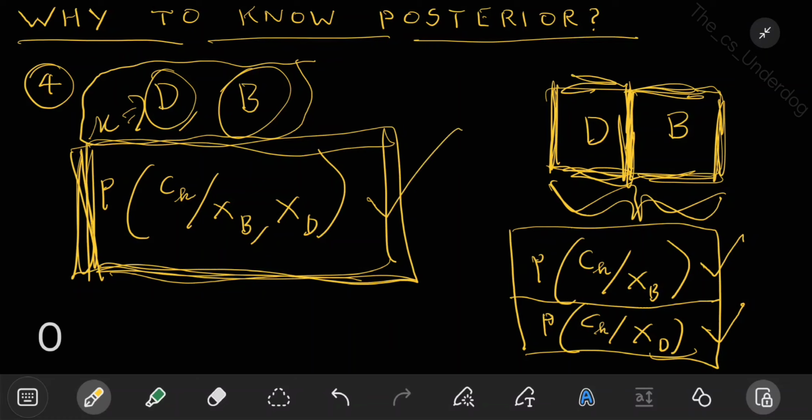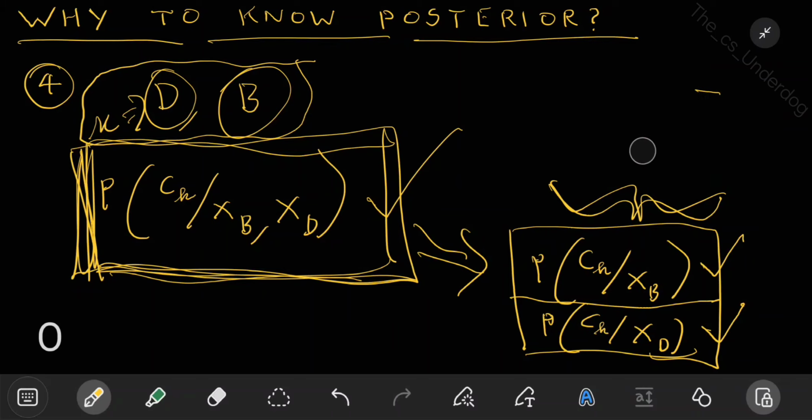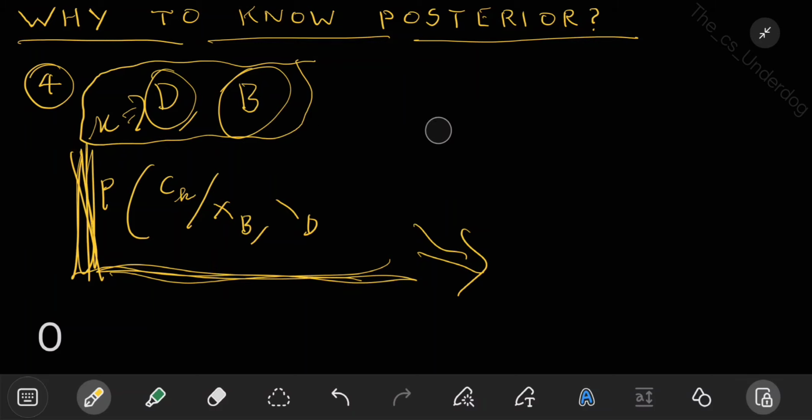If that is proven, then you know that from the submodels you can easily make the larger models. So if you know the posterior of the submodels, you can find the posterior of the larger model. If you know the posterior, then you can do the classification, right? So this is what we'll prove now. I'll show you.